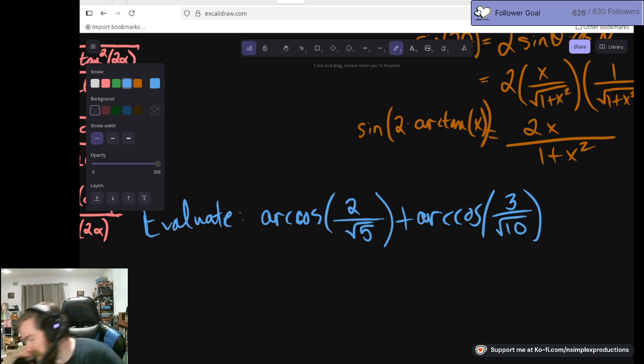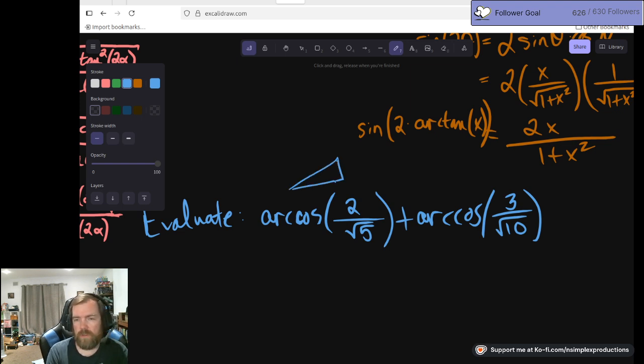See if there's any connection between the two. So if we have the arc cosine of 2 over the square root of 5, that's going to get us 2 down here and root 5 up there. That's going to be our, let's call it alpha, right angle. And arc cosine of 3 over root 10 is going to be 3 here, root 10 there. We'll call that one beta.